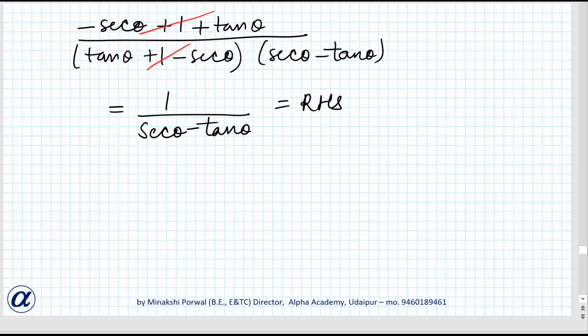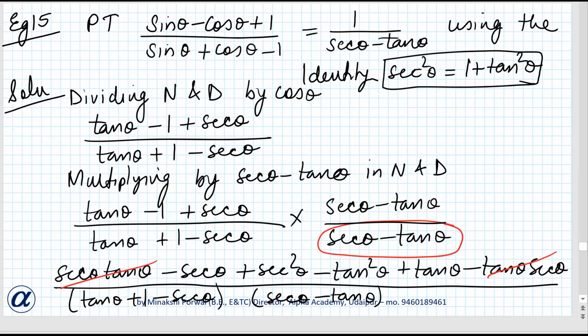Seeing this question again. The question was, prove that (sin theta minus cos theta plus 1) upon (sin theta plus cos theta minus 1) equals 1 upon sec theta minus tan theta. But the condition was given that we have to use this identity only. When this type of question is there, the first step is to convert the trigonometric ratios to sec and tan.